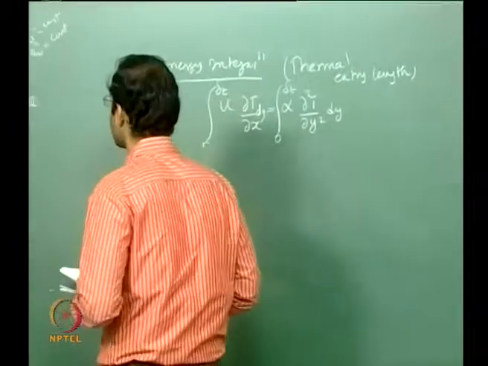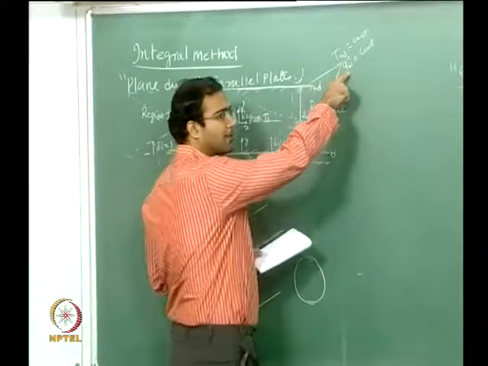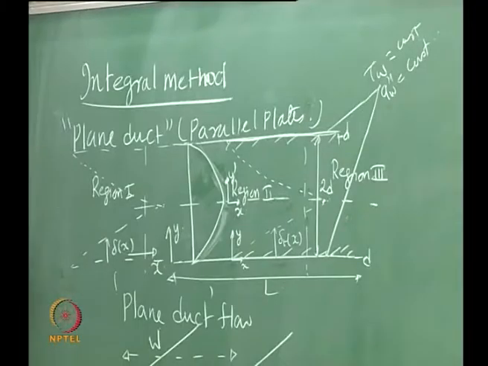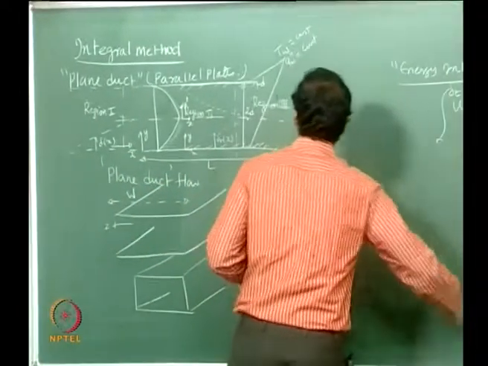What I am going to do is first solve for the case of constant wall flux boundary condition, and then the constant wall temperature is very similar and you can extend it.